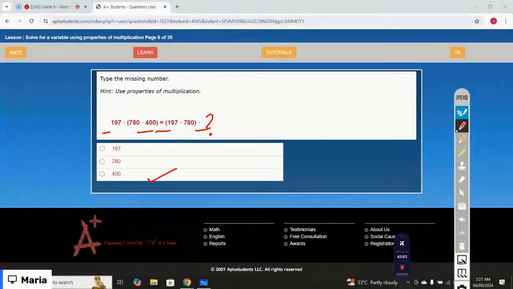The correct option is the missing number is 400. Very good, that is 400.